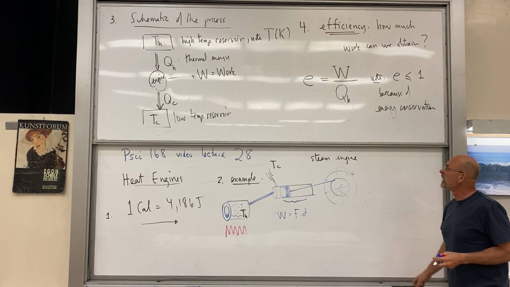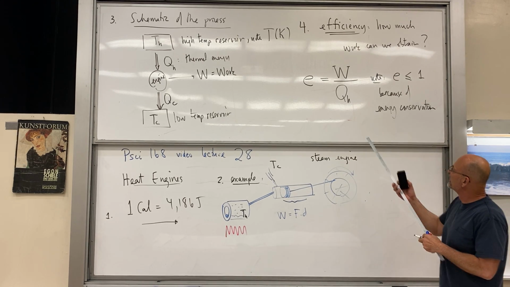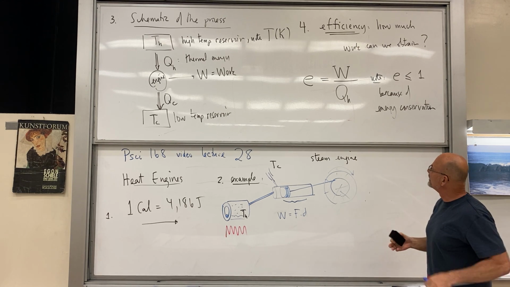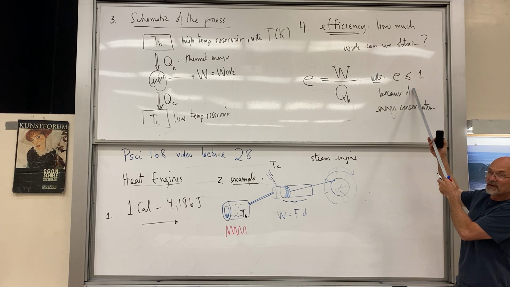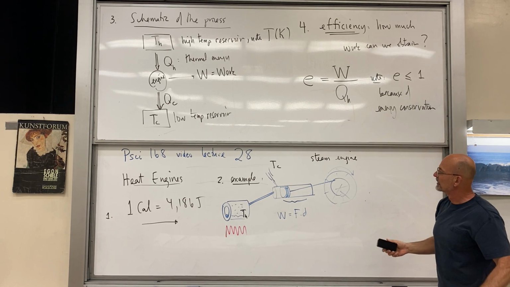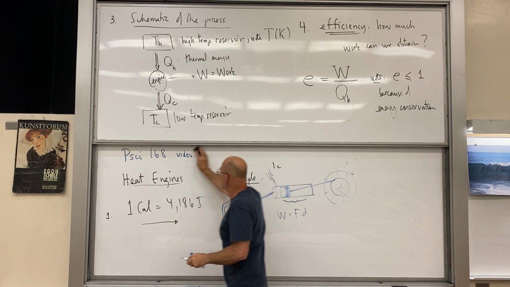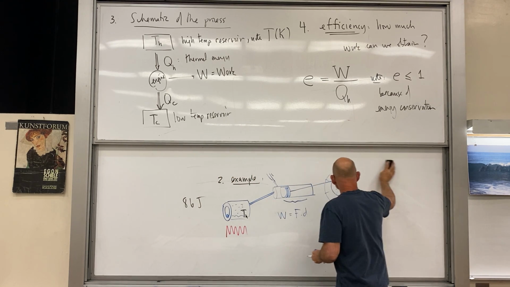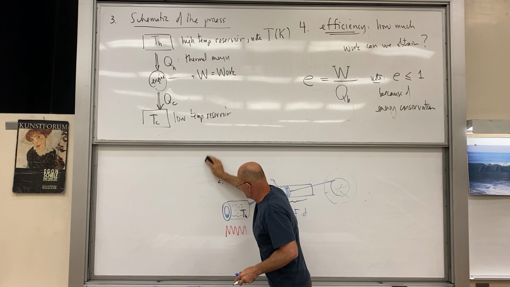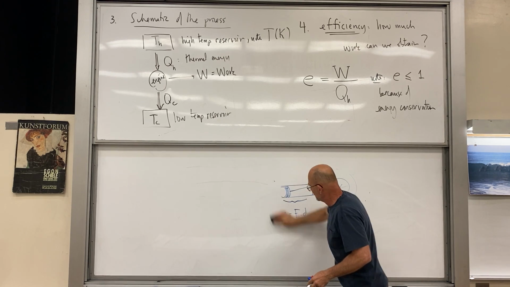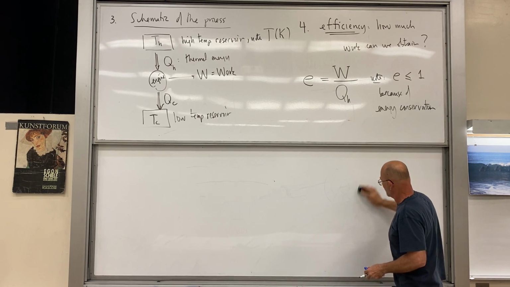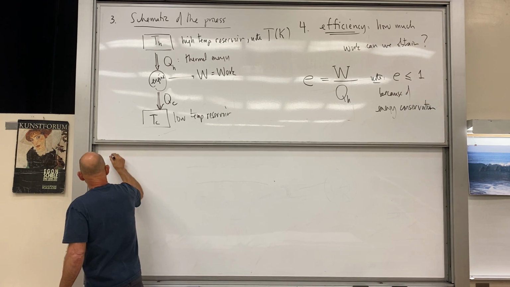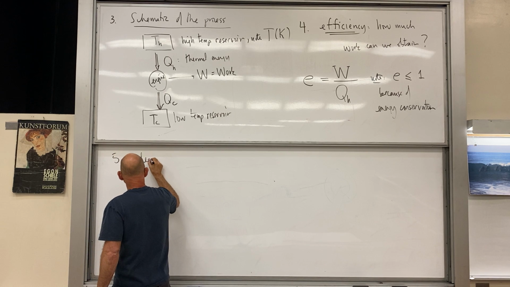Next, I'm going to do an analysis of the ideal engine, and see if we can say more about the efficiency than just this. And in fact, we can. So to continue this analysis, we'll talk about the ideal engine.